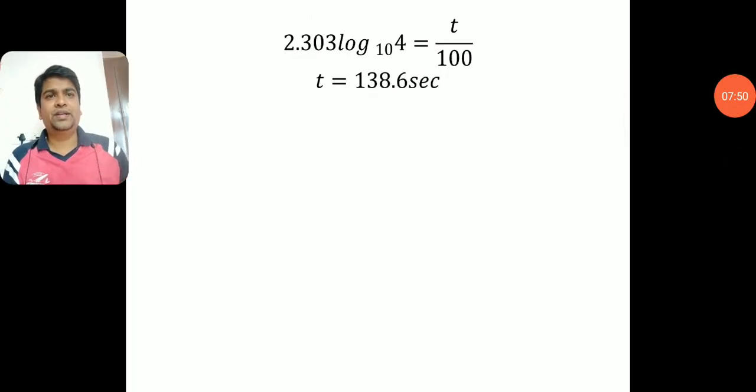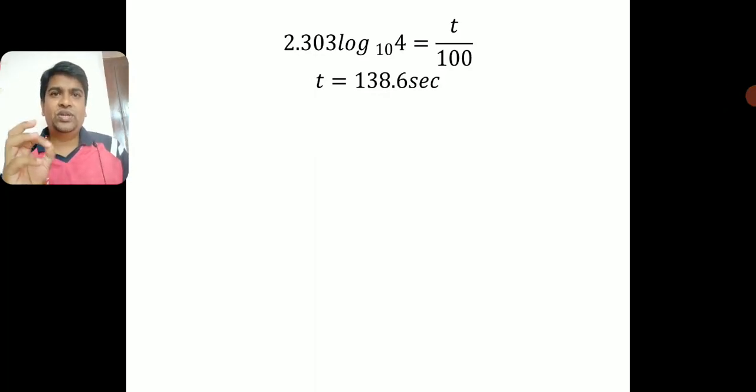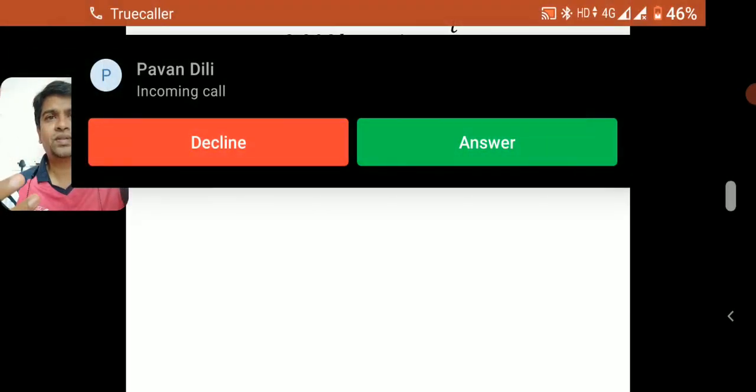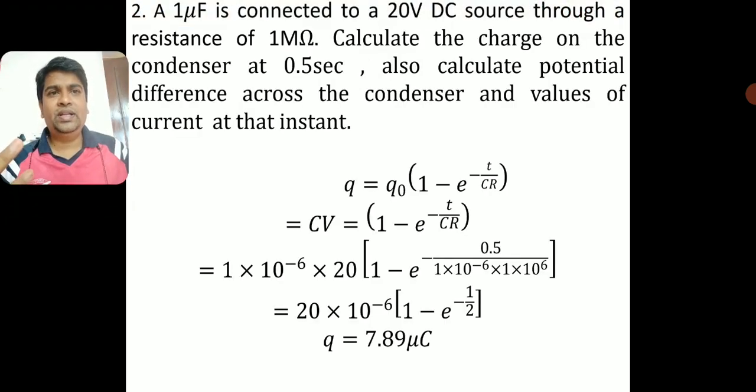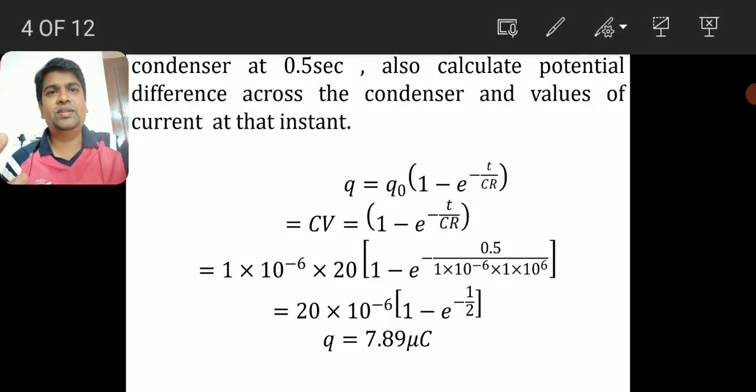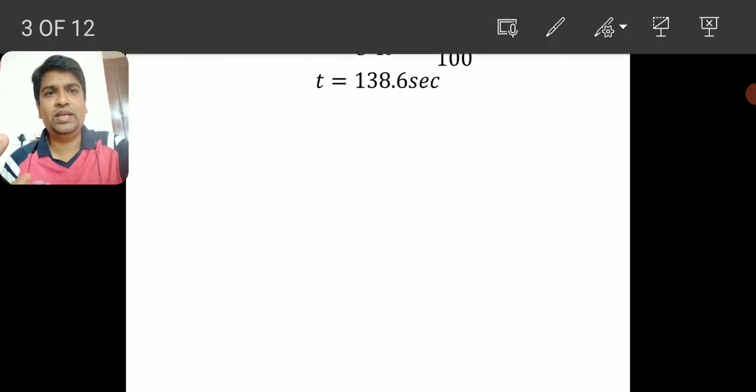So one thing students you need to observe here is I have added the term 2.303. This is because it is a natural logarithm. Always when we are doing derivations, log means it is a natural log. So that is why you need to convert this natural logarithm into base 10.